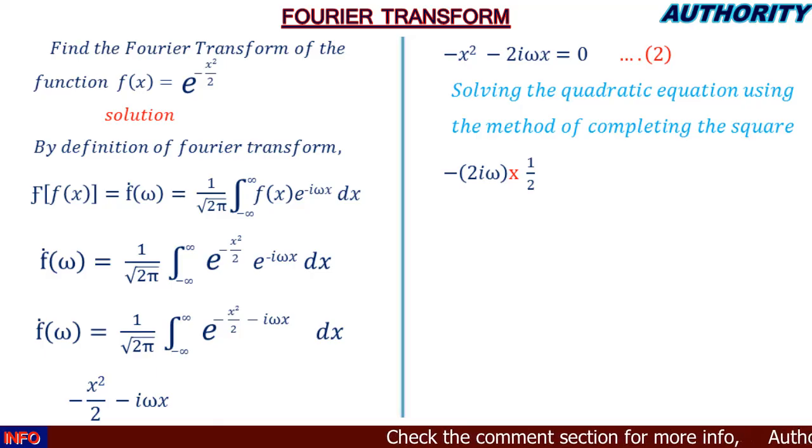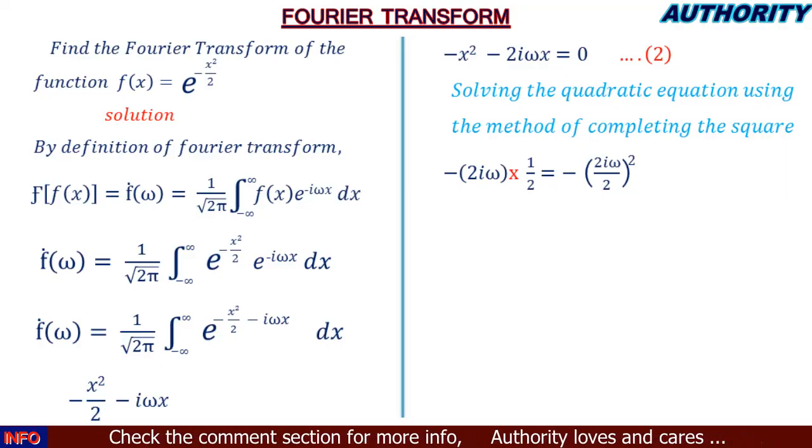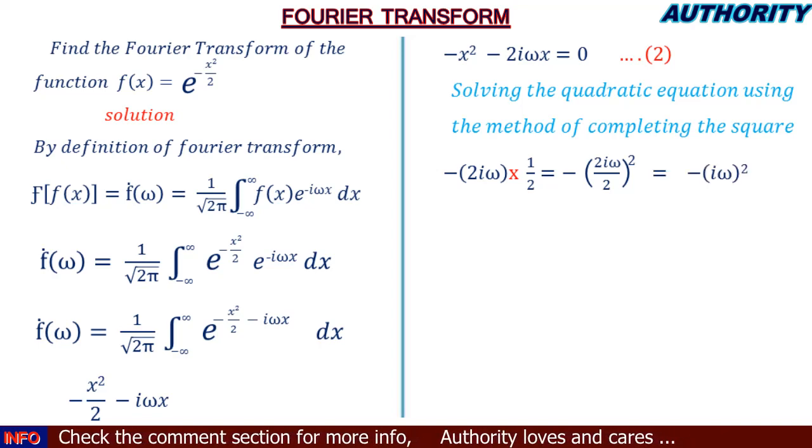Multiplying by half, we have minus 2i omega all over 2, right? Now, square it. When you square, we are going to have minus 2i omega all over 2 in bracket squared. Now, let's simplify. Inside this bracket, we have 2i omega all over 2. So the 2 cancels the 2, and we are left with minus i omega in bracket squared.